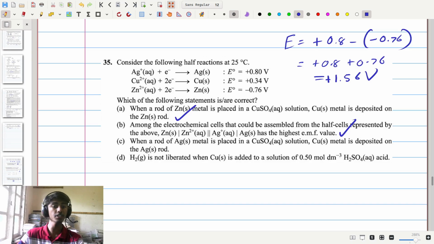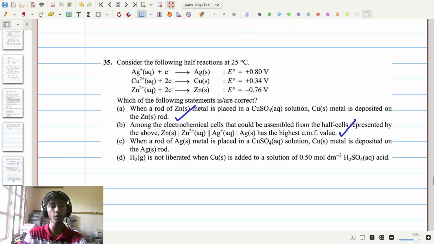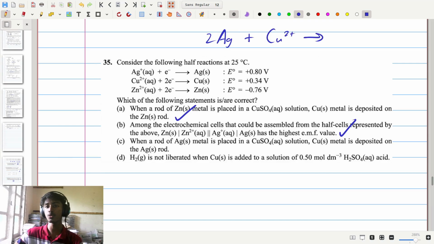Now moving on to C, C says, when a rod of silver metal is placed into a copper sulfate solution, copper will be deposited on the silver rod. Concerning those two half reactions, for silver in the forward direction we have plus 0.8, and for copper in the forward direction we have plus 0.34. What we need here is the reverse of silver, as in 2 silver metal reacting with Cu2+ to convert into 2 Ag+ and copper solid.